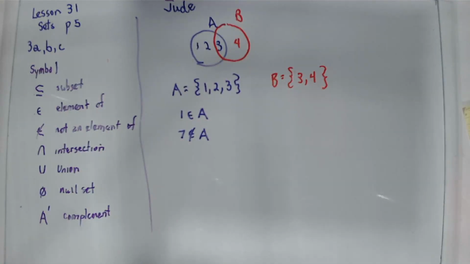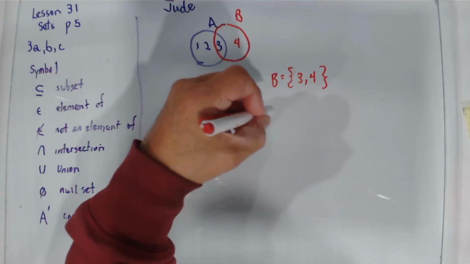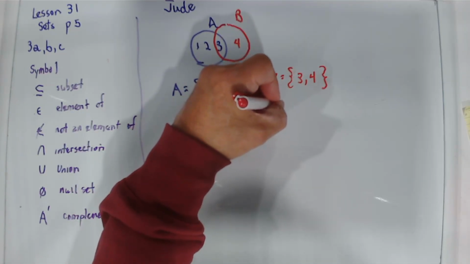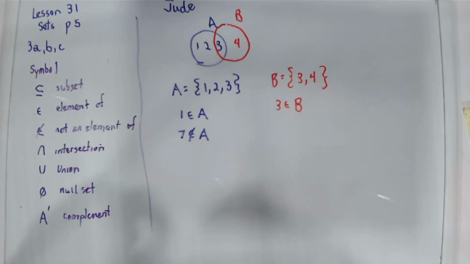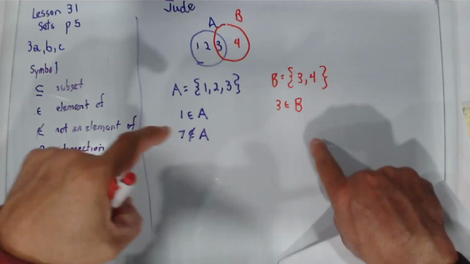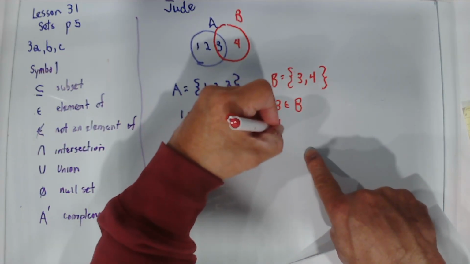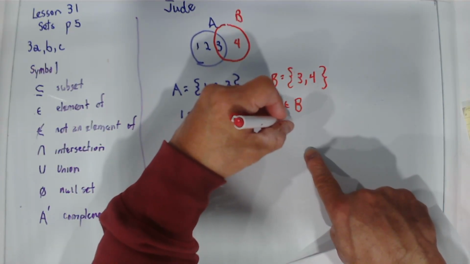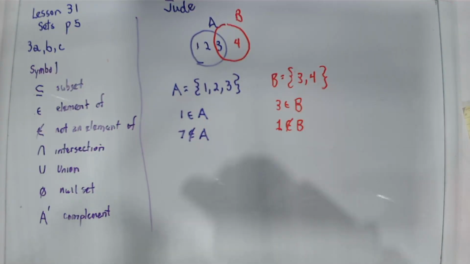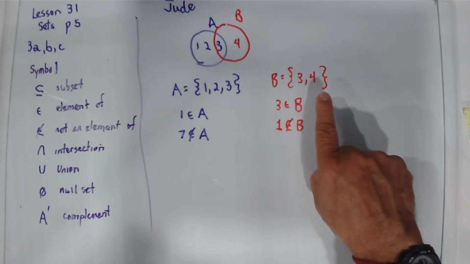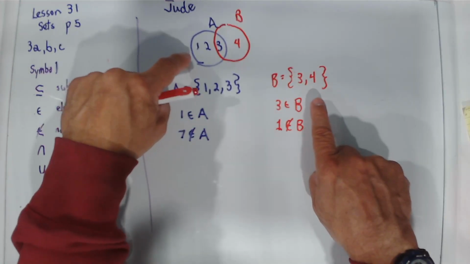And we can do the same thing that we did over here. We can say 3 is an element of B, and we can see that here. And we can also say 1 is not an element of B because we can see here B has 3 and 4 in it, and it doesn't have 1.